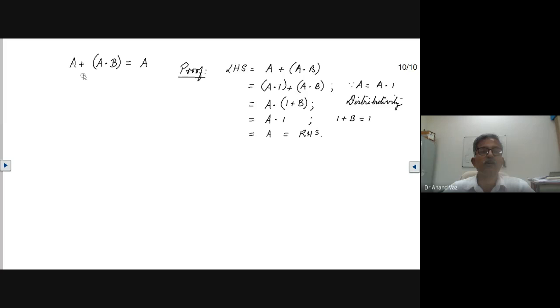So we have one identity over here. Let's take another identity. So this was the first one. Let's write this as some Boolean identities.